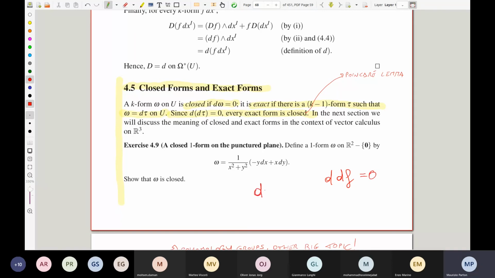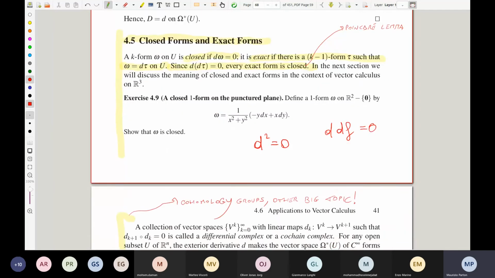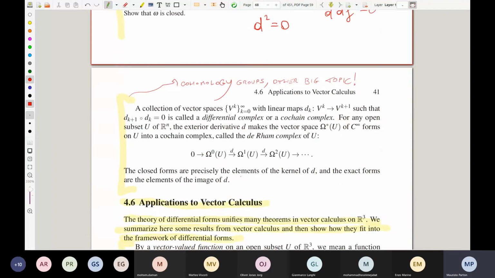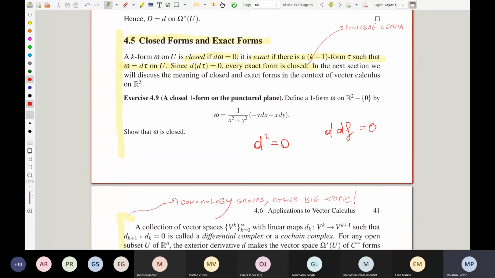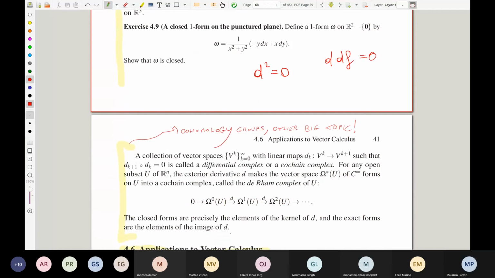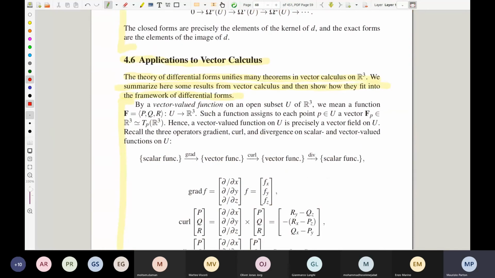This map is made in such a way that if you take it twice, you obtain zero. For the moment, just trust this property. This is actually the Poincaré lemma. You know what it is, the Poincaré lemma? No? Okay.